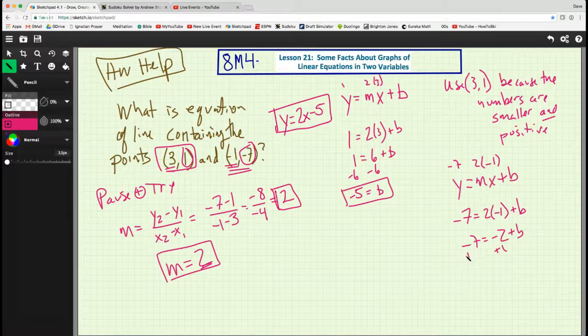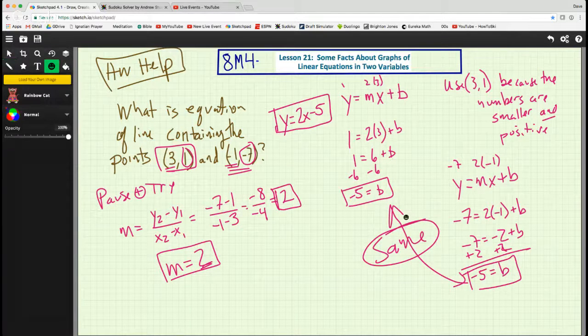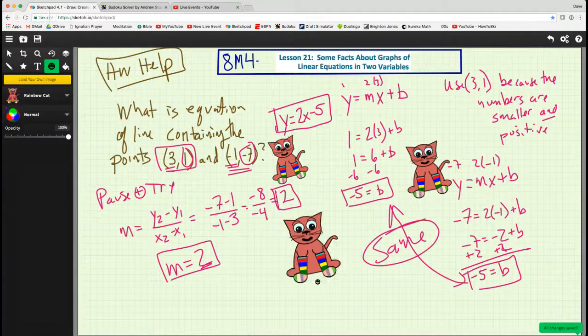Add 2 to both sides, and I get -5 equals b. So I get the same thing. I just wanted to point out that it's not like one point or the other needs to be chosen. Both have to work because math is perfect and both points must satisfy this equation. And they both do, and that's what we just showed.